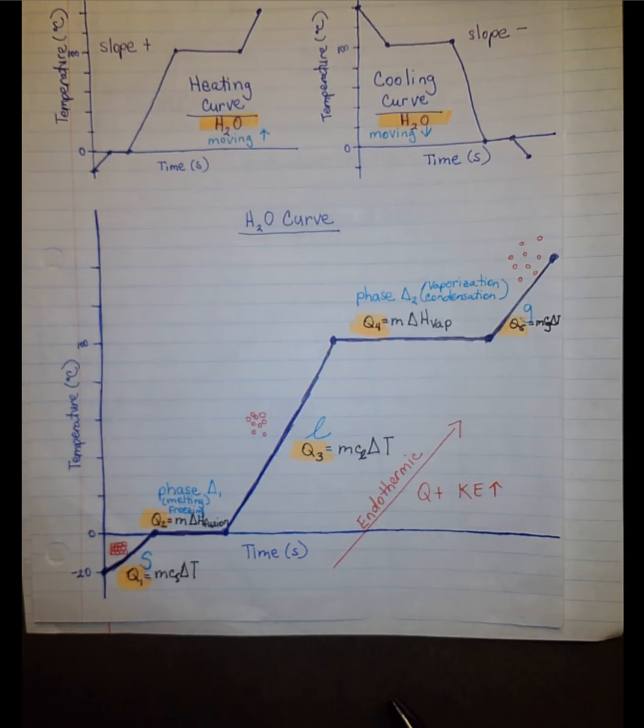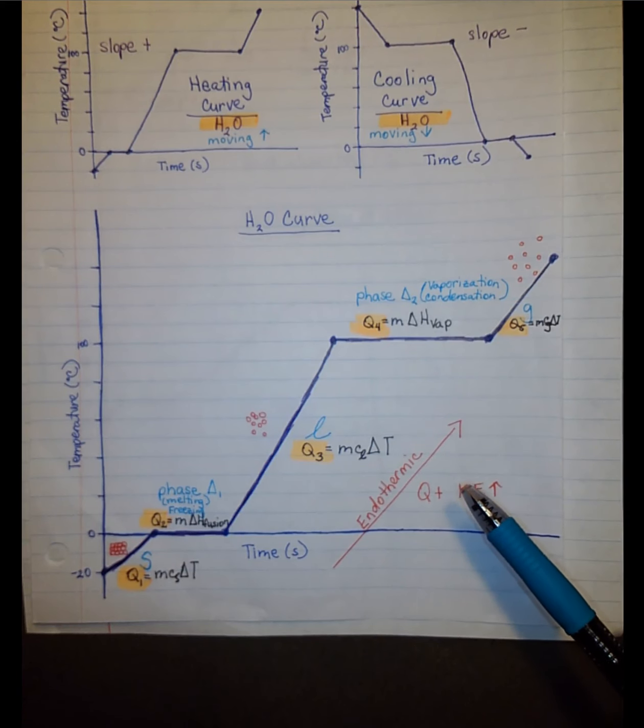Because kinetic energy is increasing, temperature is increasing, energy needs to be put into the system to allow these molecules to change their formation. So we say that the heat flow in this case is positive, and we would say that this is an endothermic reaction for a heating curve.